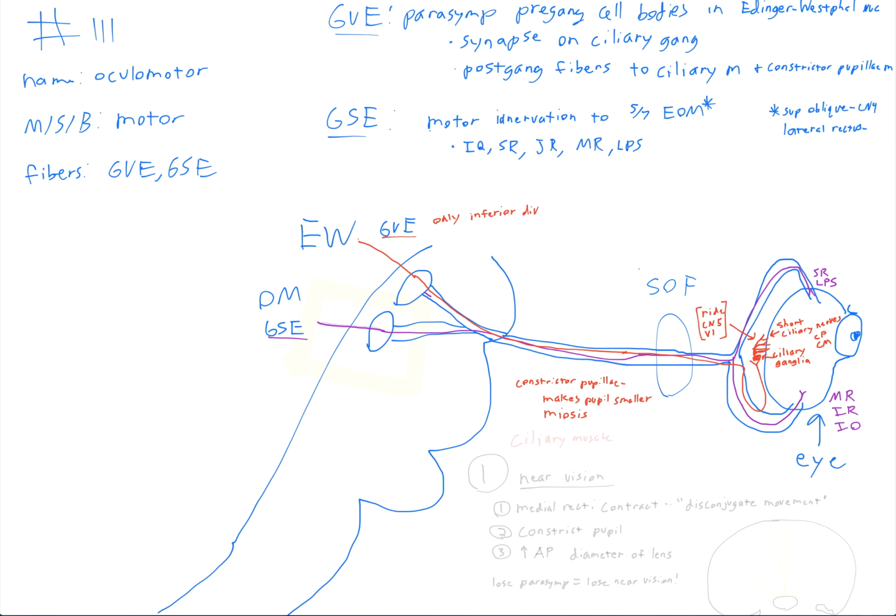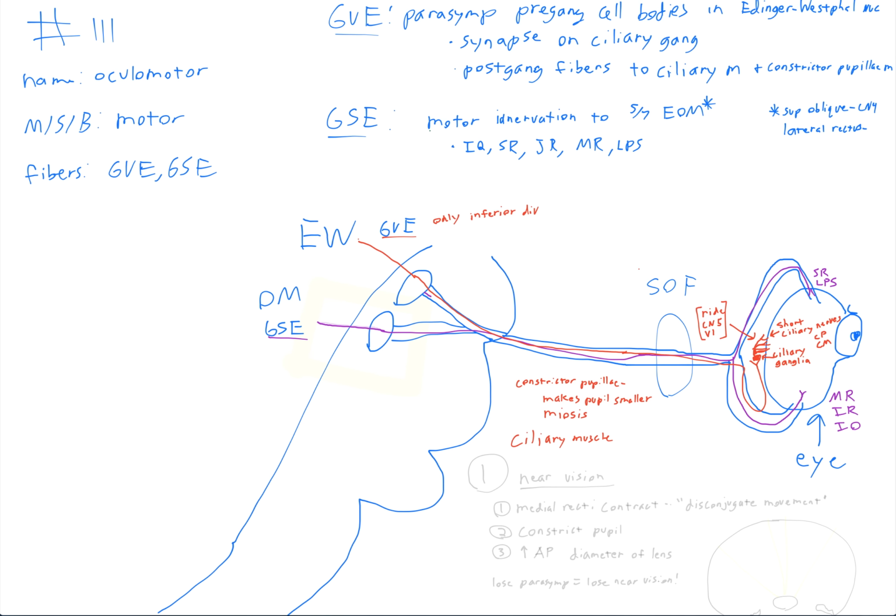Okay? The other target is the ciliary muscle. So let me see if I can do my best to explain this to you. This is part of an eyeball, and we've taken the eyeball and cut the top off of it, and we're looking at the inside of it.